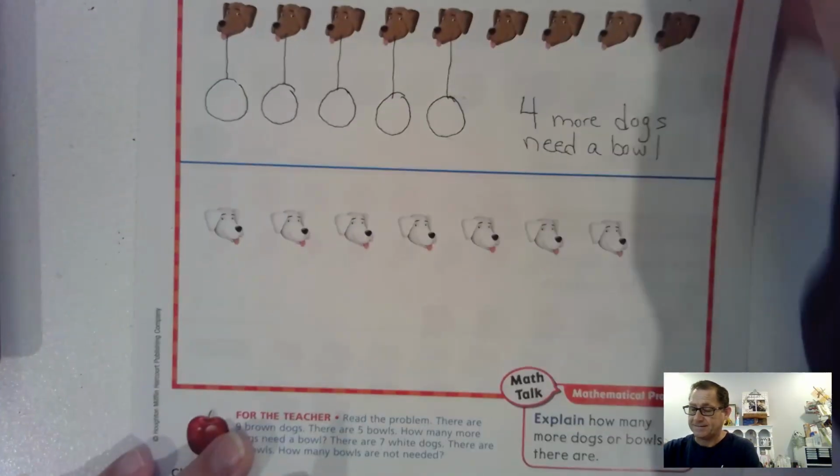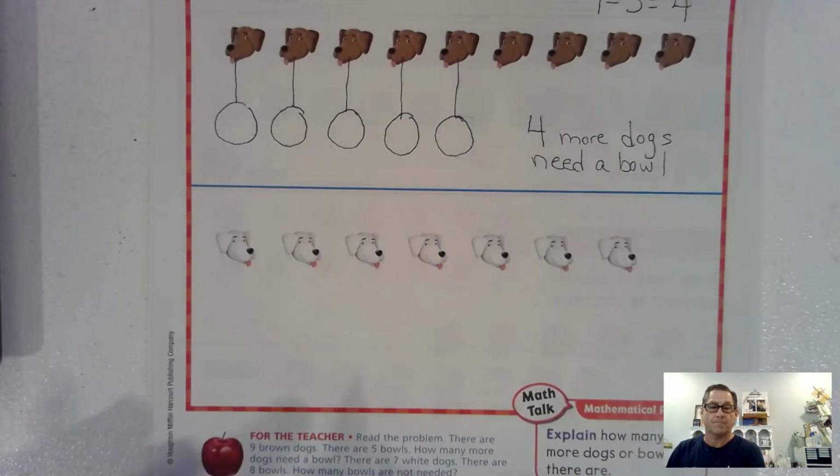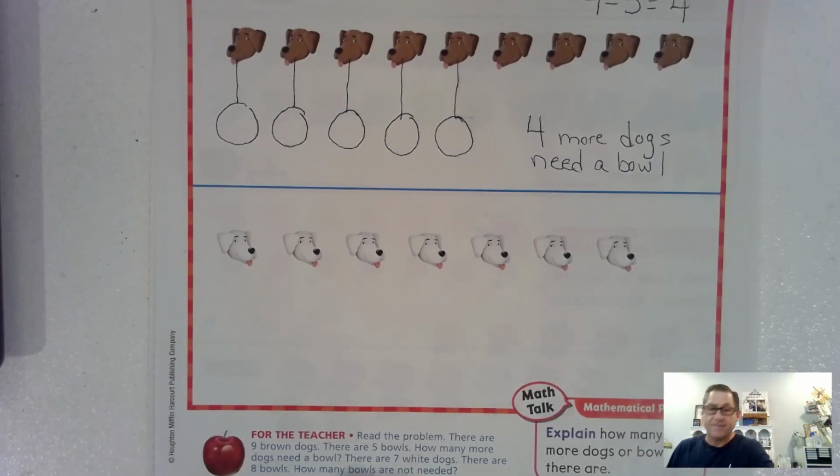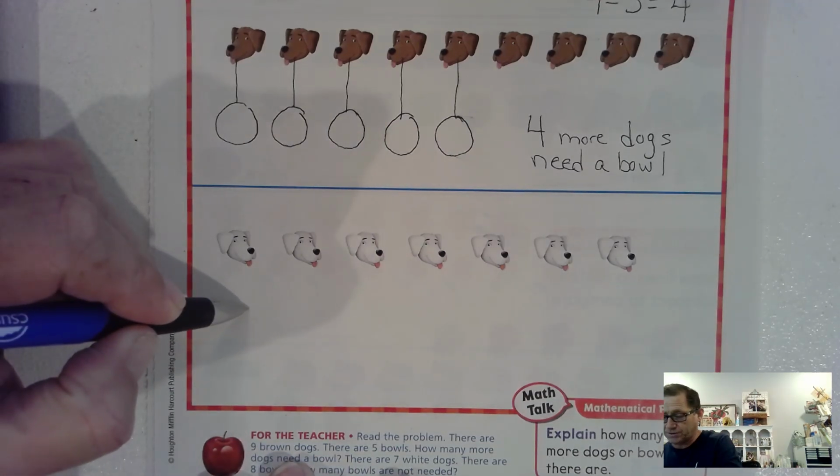Okay, second one. There are 7 white dogs. There are 8 bowls. How many bowls are not needed? Okay, so let's draw 8 bowls.